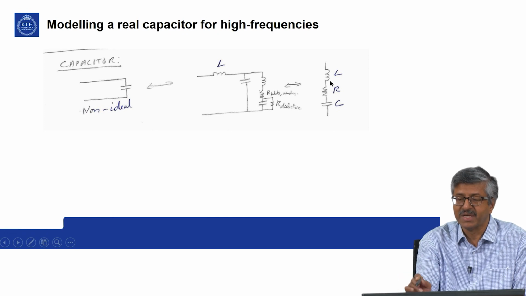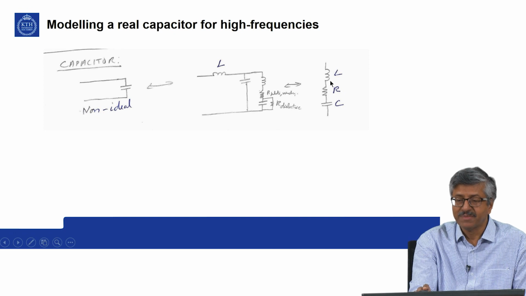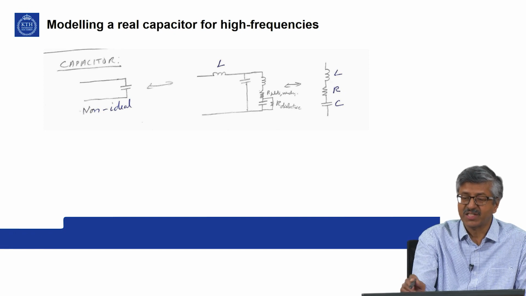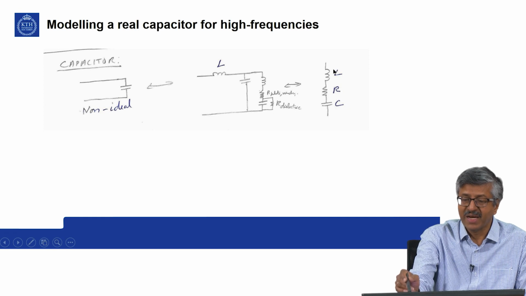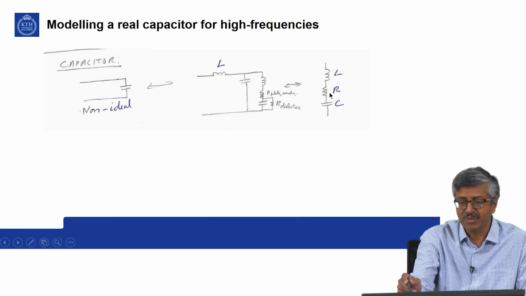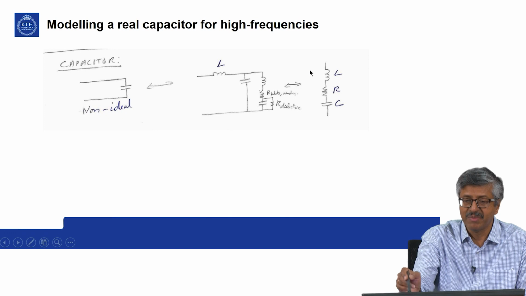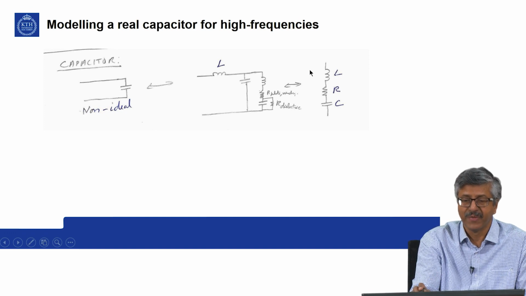as an approximate representation a series network of L, R and C. C is the idealized part of the capacitor, and R and L are mostly contributed by the leads, or R mostly from the capacitor itself.